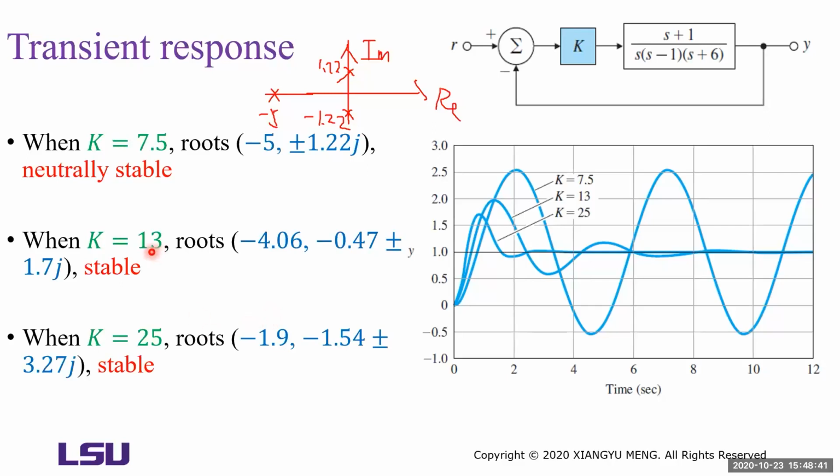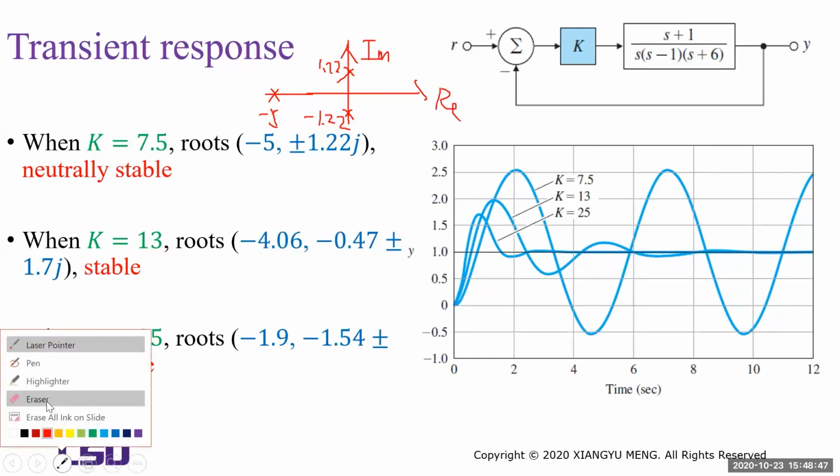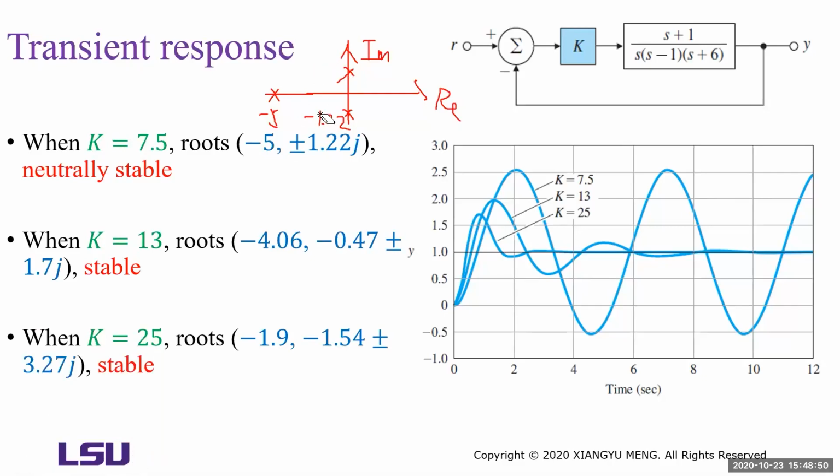If we pick k as 13, then we can calculate again. In this case, we have different roots: minus 4.06, and a pair of complex roots in the left half of the S-plane. Then we know the system is stable because all the poles are in the left half of the S-plane.